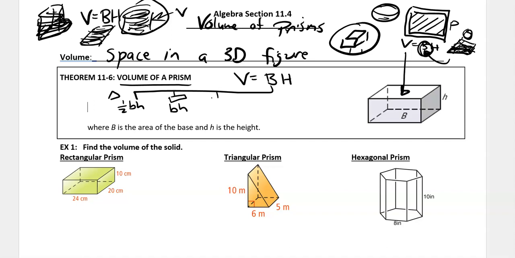Another one we could have is 1/2 apothem times perimeter. That would be for a regular polygon. Another one you could have is 1/2 diagonal 1 times diagonal 2. What is that for, a kite and a rhombus? Okay. You could also have 1/2 times base 1 plus base 2 times height. Am I forgetting any? You could also have a circle.